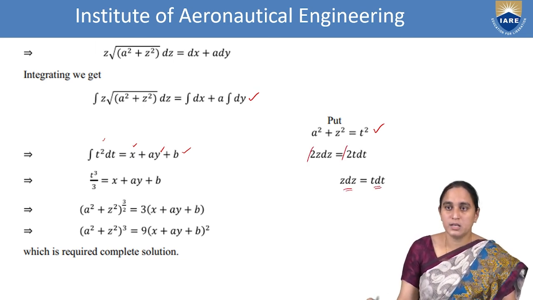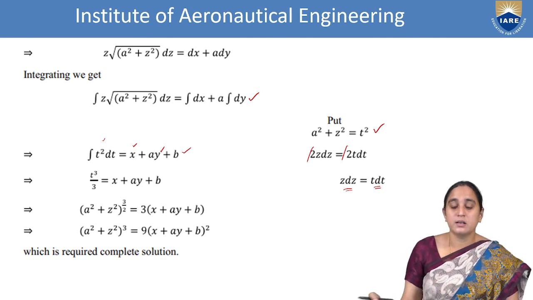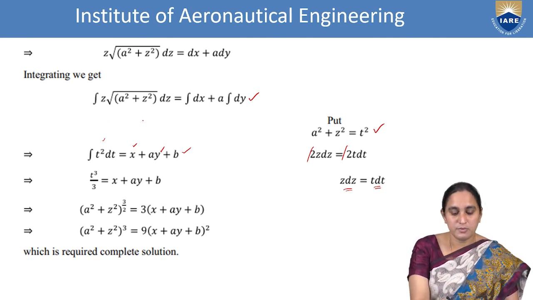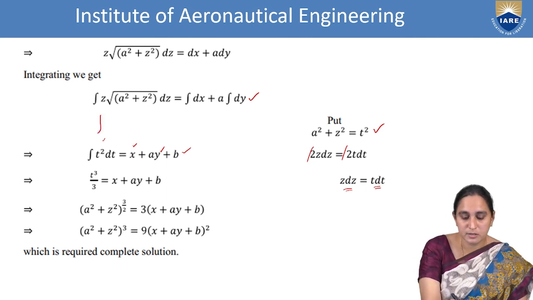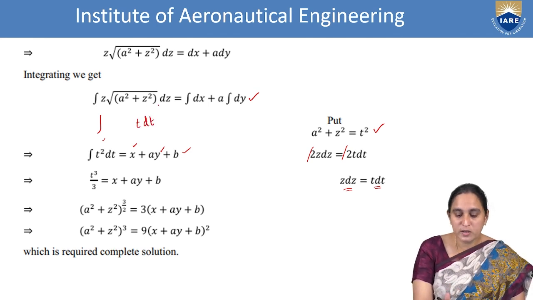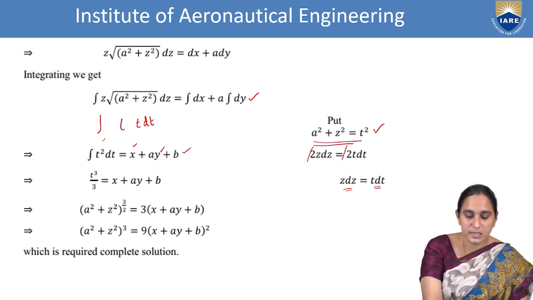Now substitute all these terms here. Z into dz is t into dt, and root a square plus z square from the first step is t.